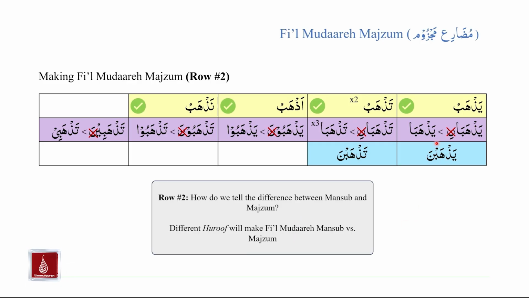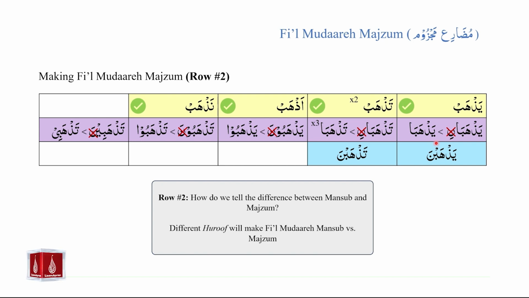So when we see fi'il mudare such as yazhaba, this could be mansoob or this could be majzoom. But we will identify it as mansoob or majzoom based on the harf that comes before it. For example, if yazhaba is preceded by lan, which makes fi'il mudare mansoob, we will conclude that yazhaba is fi'il mudare mansoob because of the effect of lan.